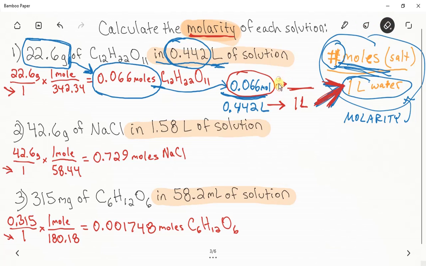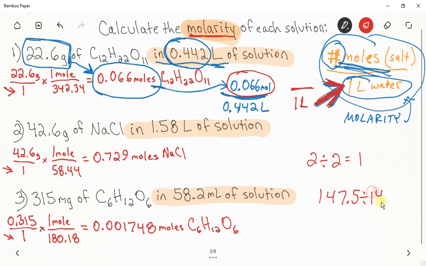Well, and let me erase some of this just so I have room. Let me erase these arrows. So anything divided by that same thing is 1, right? So 2 divided by 2 is 1. 147.5 divided by 147.5 is 1.